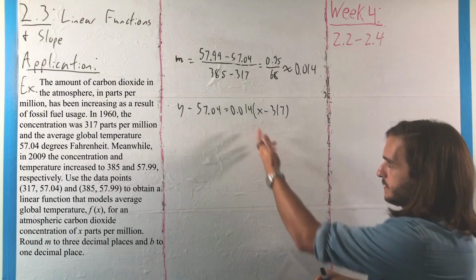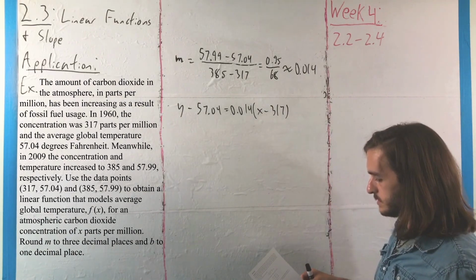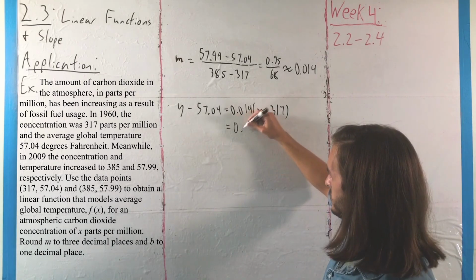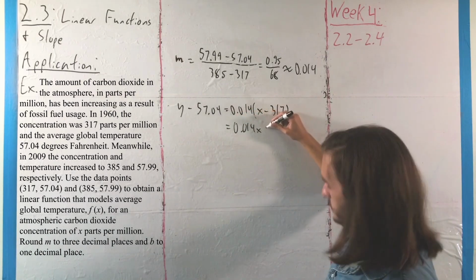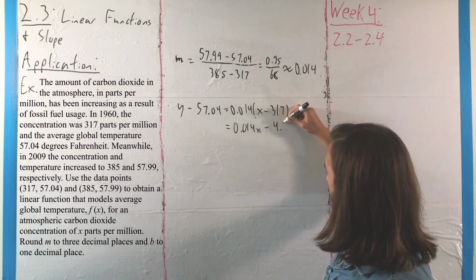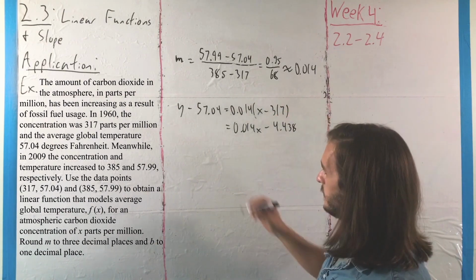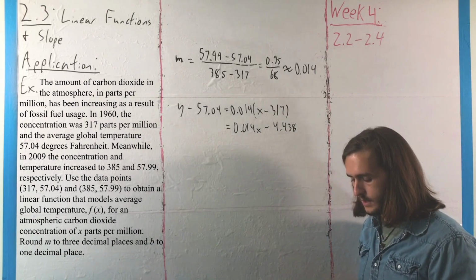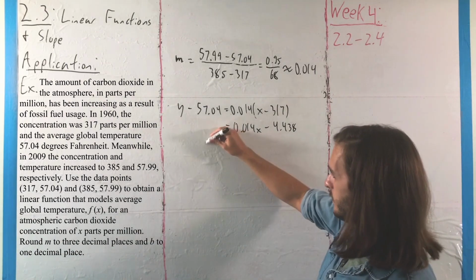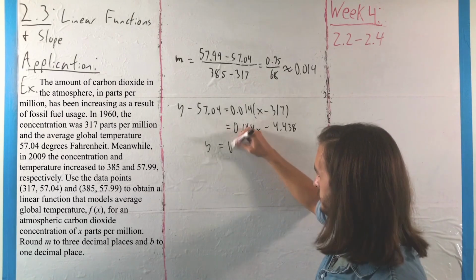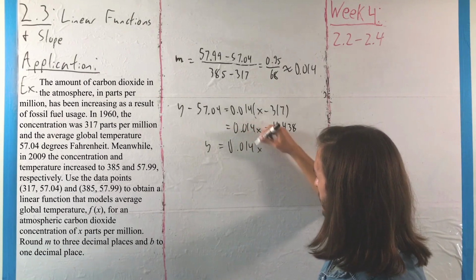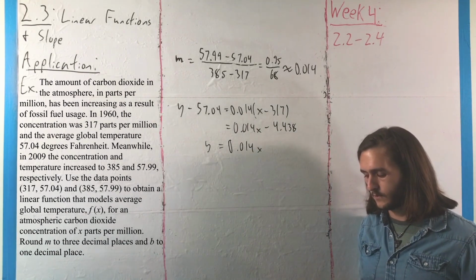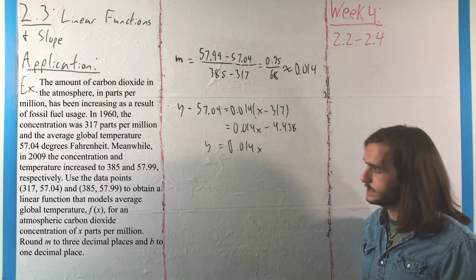And from here you can multiply in the 0.014, which would give us 0.014x minus 4.438, and then I will add over the value there to isolate and get that y is equal to 0.014x, and if you add the 57.04 to the negative 4.438, you get about 52.6.